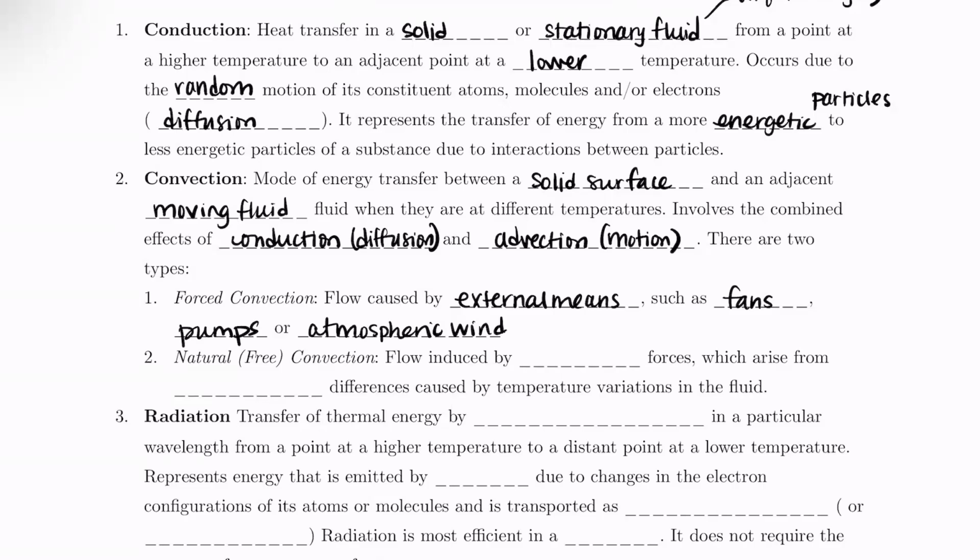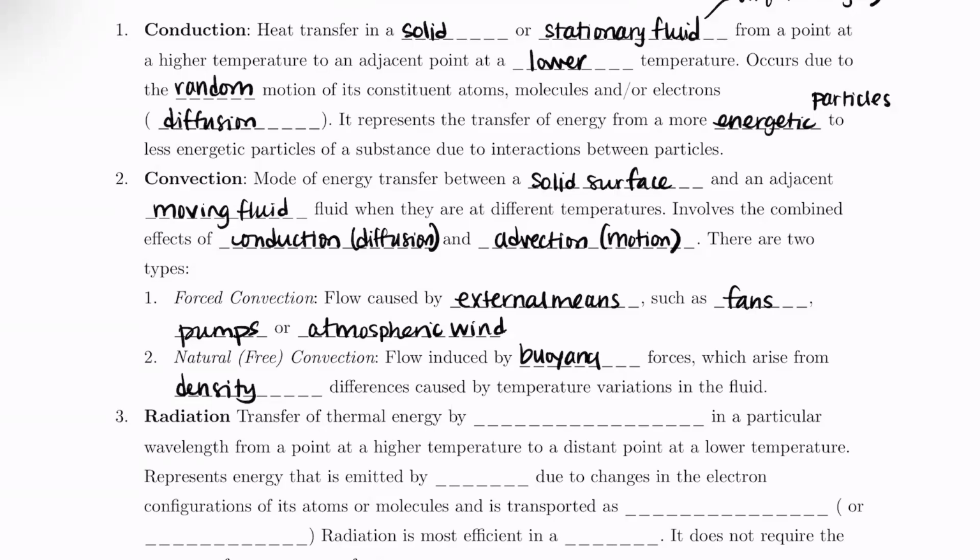So there's some external factor that is causing the flow to move for forced convection. For natural convection, sometimes called free convection, this is flow induced by buoyancy forces which arise from density differences caused by temperature variations in the fluid.